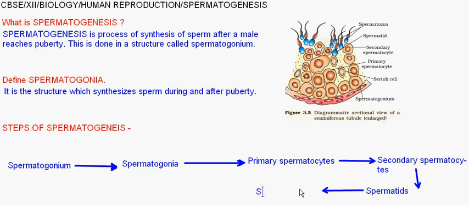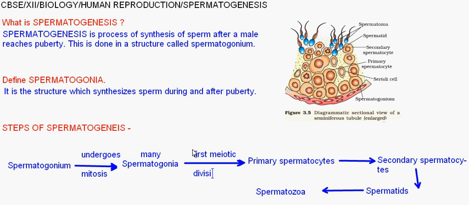So first one, spermatogonium, it undergoes mitosis. I repeat, one spermatogonium undergoes mitosis and produces many spermatogonia. Then these spermatogonia undergo first meiotic division and it produces primary spermatocyte.